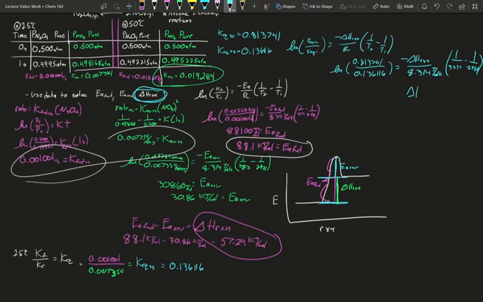Rearrange and solve for our delta H of reaction. It comes out to 57,238 joules per mole, or approximately 57.24 kilojoules per mole.